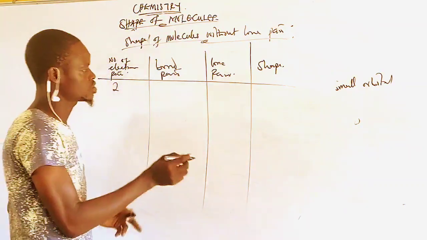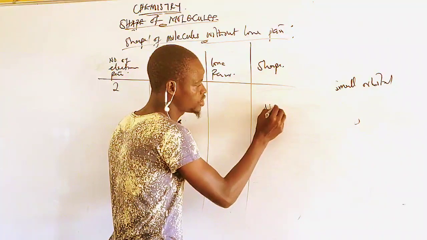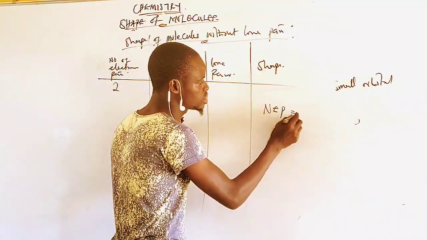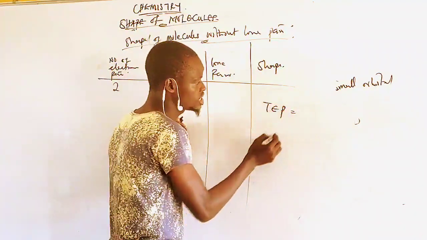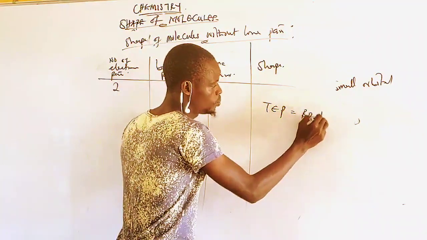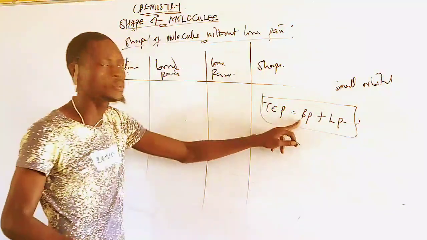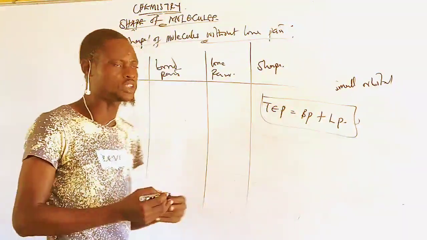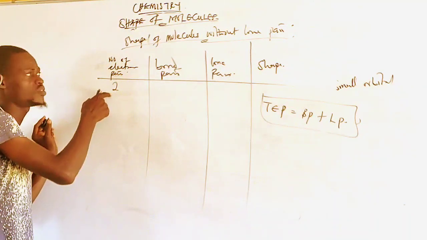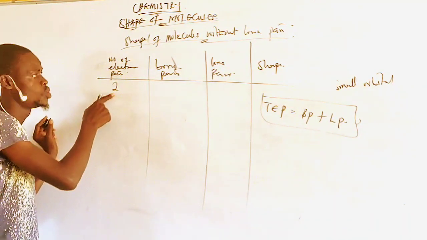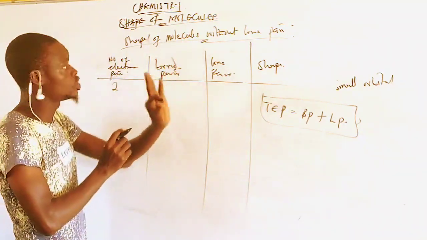Now, let me take you through something. Total number of electron pairs is always equal to the bonding pair plus lone pair. Take note of that. If the total number of electron pairs is 2, I want to take a look at the shape of a molecule without a lone pair.